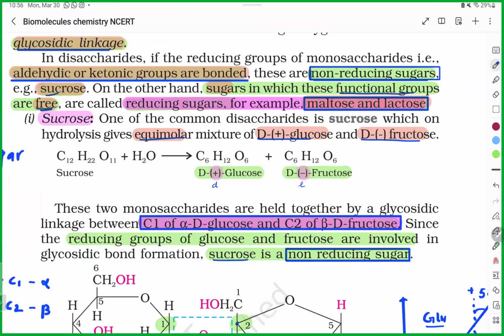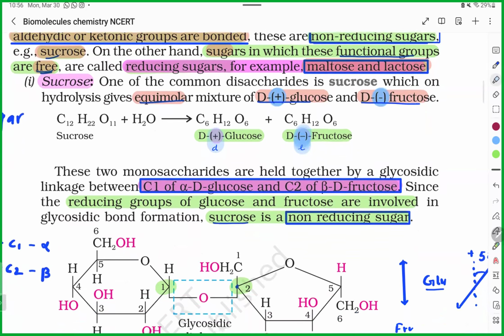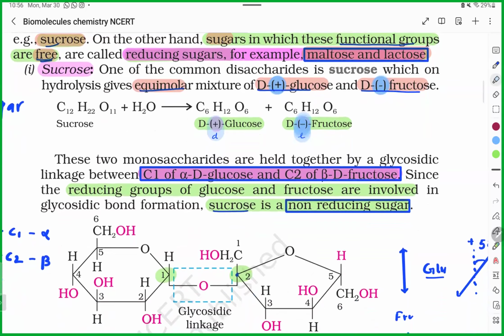So guys, among the disaccharides, sucrose is the only non-reducing sugar, very popular. The remaining two, maltose and lactose, are reducing sugars. First, sucrose has equal amounts of D-positive glucose and fructose. Glucose is always positive and fructose is always negative. When these two saccharides are joined, the bond is C1 and C2, alpha beta.